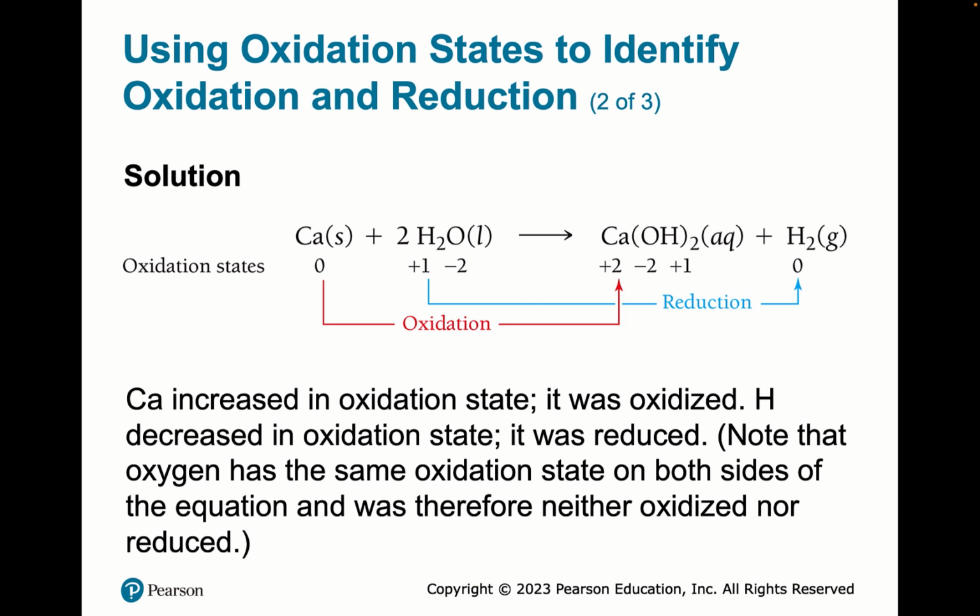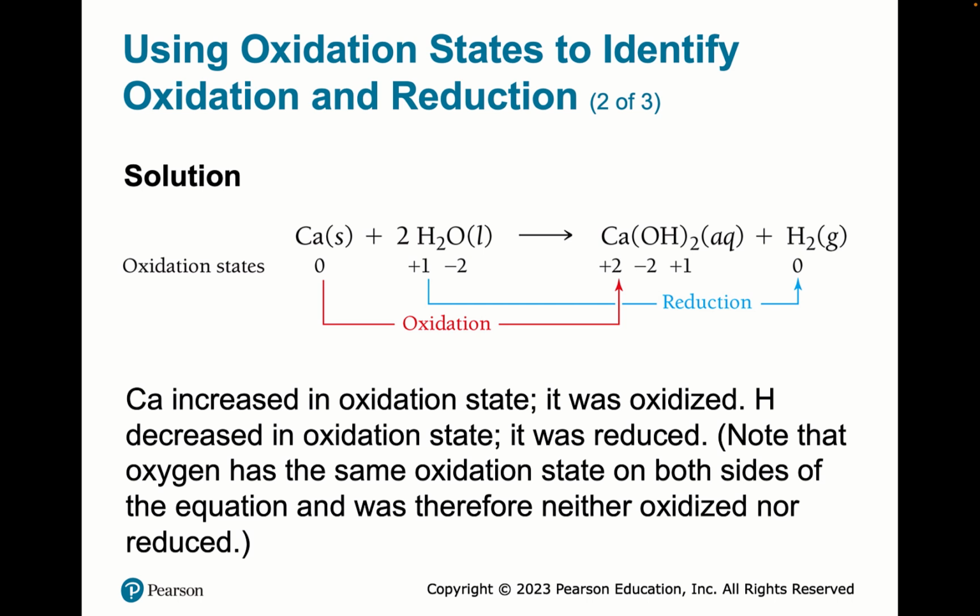Then we move on to water, using the table in rule 5. Hydrogen tends to be +1, oxygen tends to be -2. That fits perfectly. Then calcium hydroxide: calcium is an alkaline earth, so it's +2. Oxygen tends to be -2, hydrogen +1. And if you sum these all up, the charge does in fact equal 0 for all of these.